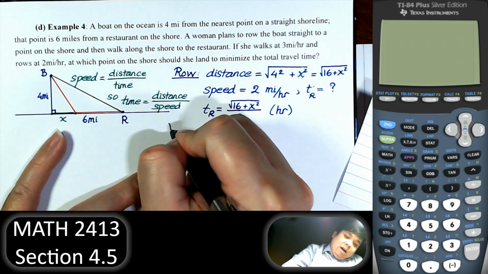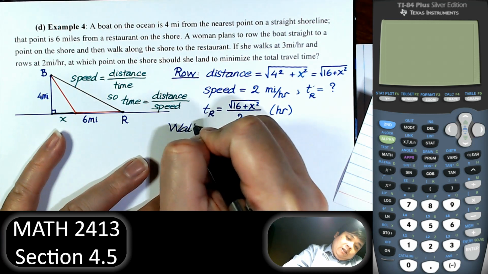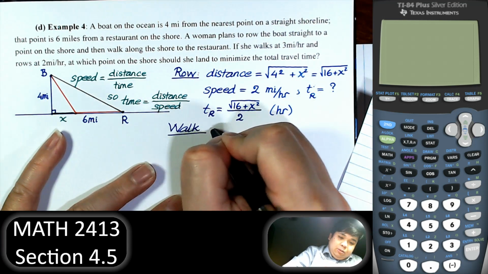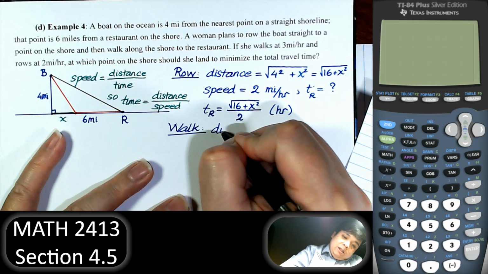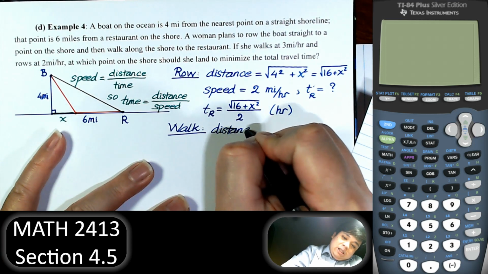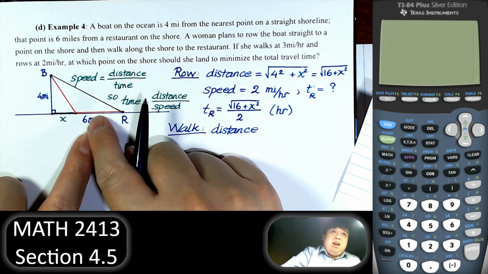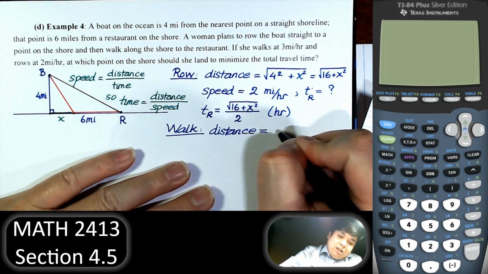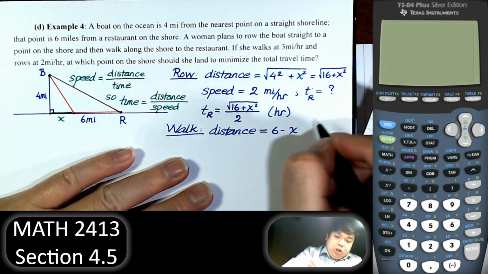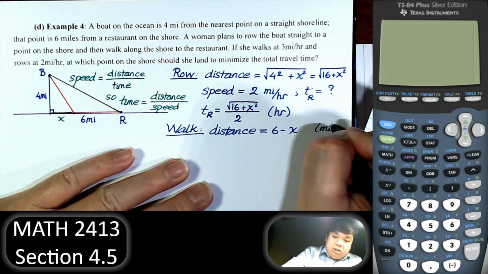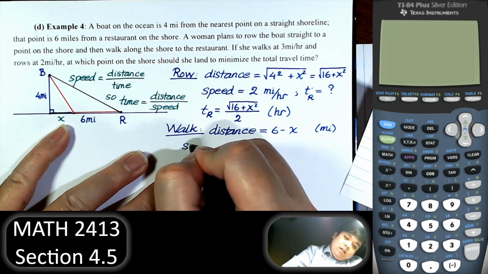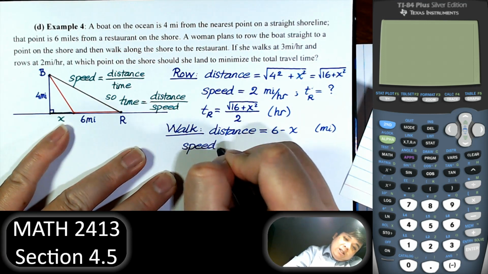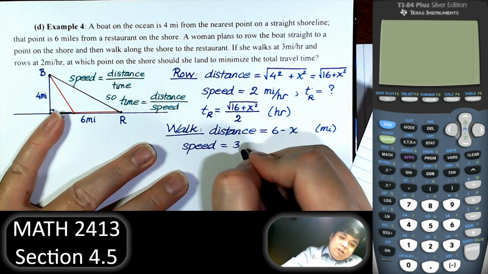Now how about walking? The distance walking, this will be easy. The total distance is 6 minus x. So distance is 6 minus x. If we want the unit, that will of course be miles. The speed, the walking speed, is 3 miles per hour.